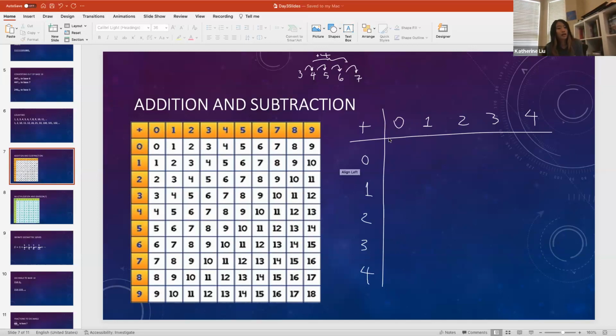Okay, so obviously 0 plus anything is going to be the same number. And then if we add 1 to each number, it's going to be 1 more. So 1 plus 1 is 2, 2 plus 1 is 3, 3 plus 1 is 4. But then when we get to 4 plus 1, we don't have the number 5, which means that we'll have to carry.